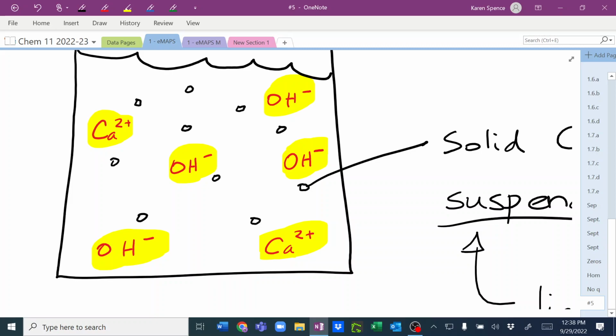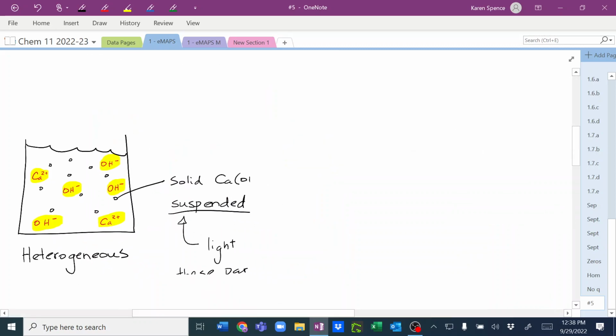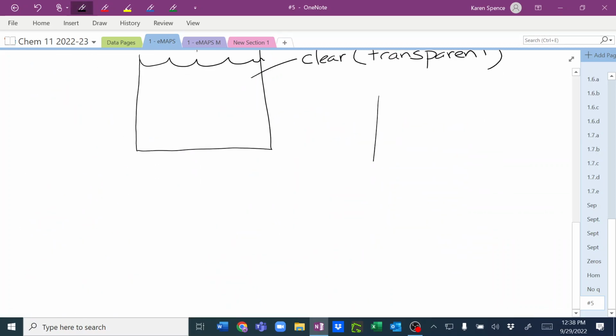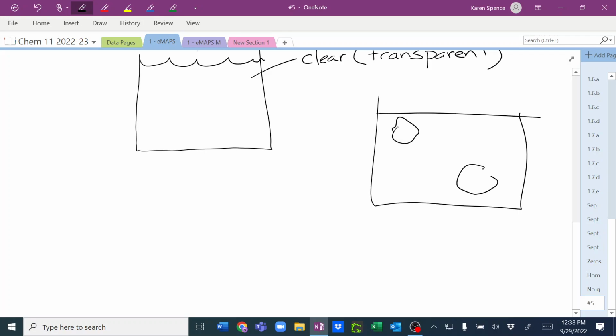No. In reality, we would have our solid bits, which would be like this, and then you would have the ions, which are tiny. So that is a more to-size drawing, okay?